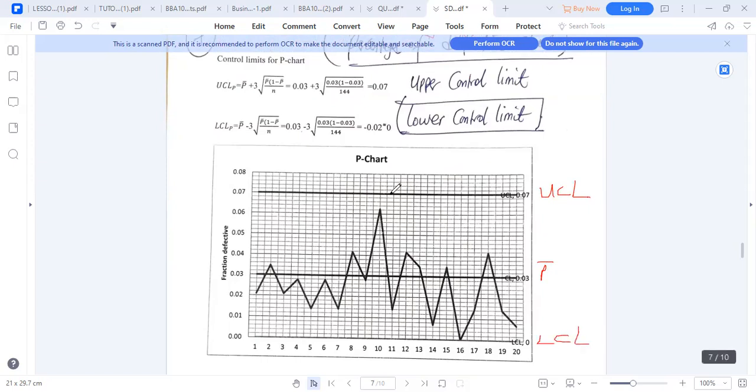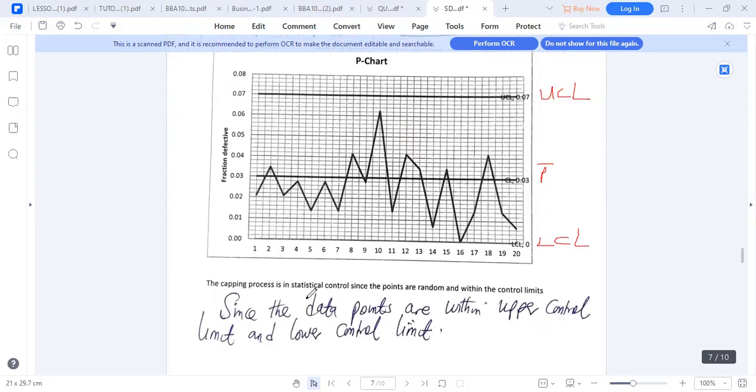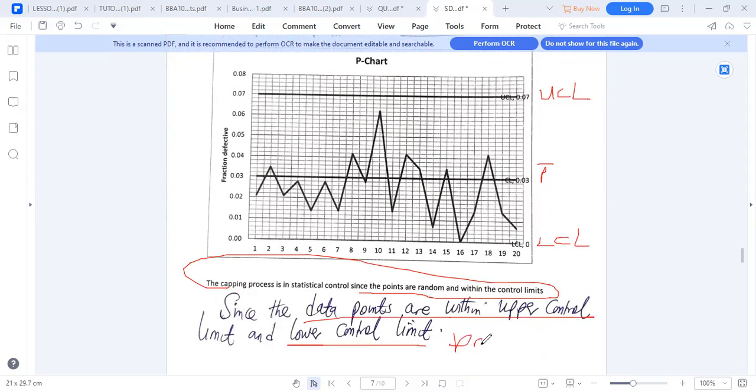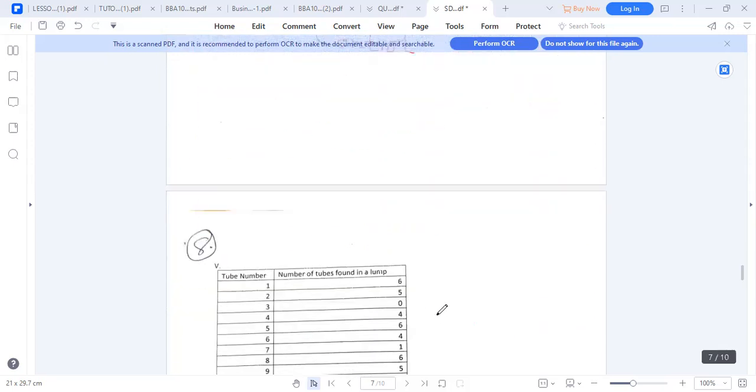So the process is in control for that one, since all the data points are within the upper and lower control limits. Process in control.